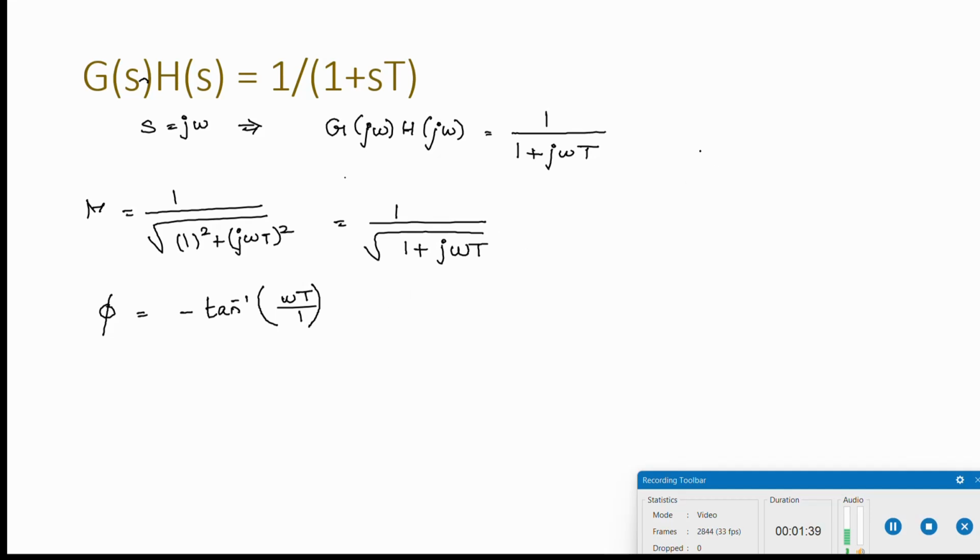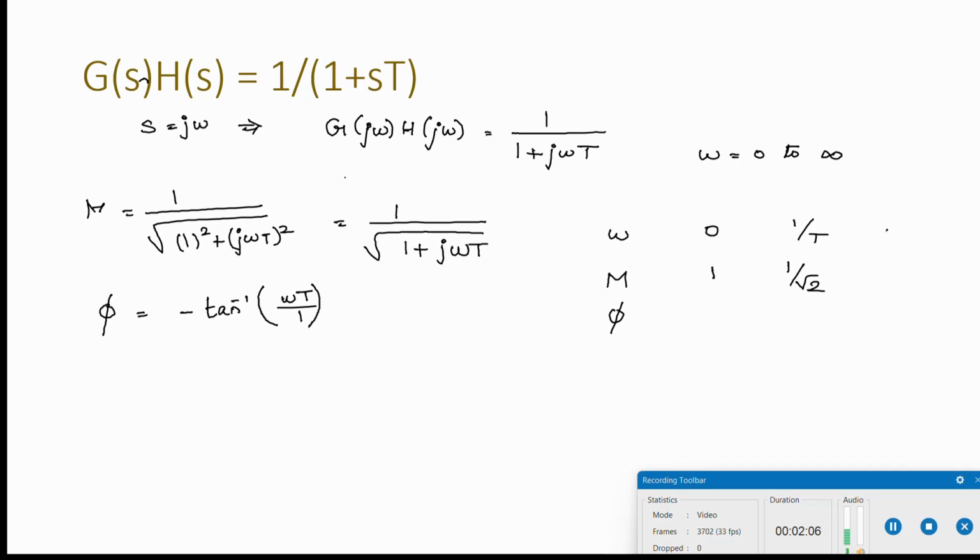Now we have to vary omega from 0 to infinity so that we can get the values for M and phi. If omega is equal to 0, M will be 1. If omega is equal to 1 by T, M will be 1 divided by root 2.